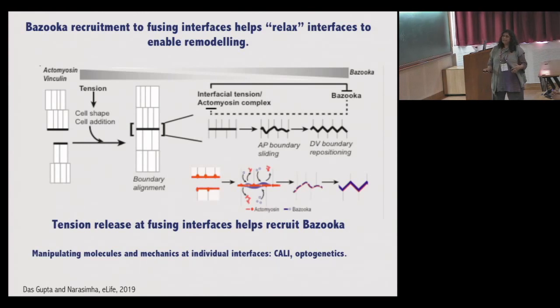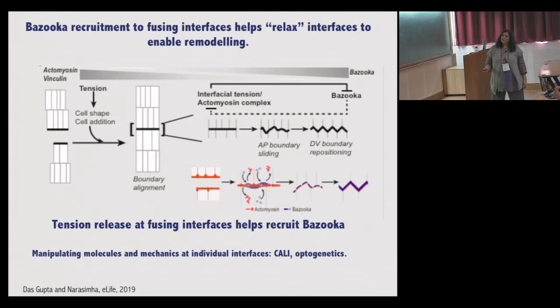When I say increase, I actually mean new recruitment of bazooka, because what happens fairly soon after these contacts are formed is that you begin to recruit this polarity protein bazooka to these interfaces. And you are concomitantly clearing actomyosin out of these interfaces.